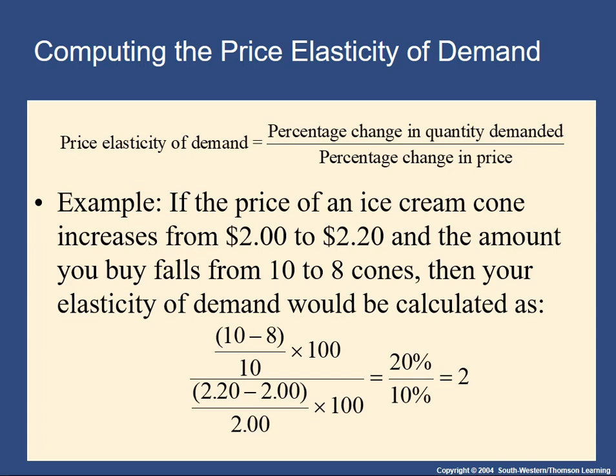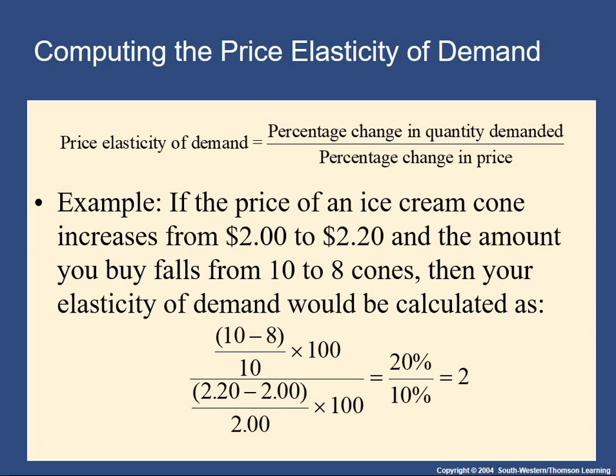If we used the starting point, right? Our quantity would be 10 and our base would be 10. And we take the difference, the change from 10 to 8, divide it by the starting value, which is 10. And we use the difference in the prices and the starting price of 2.